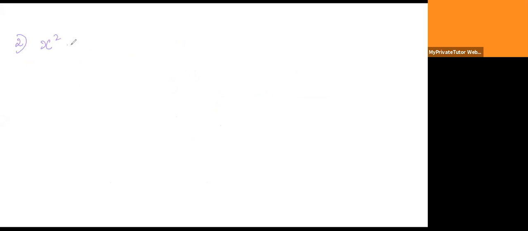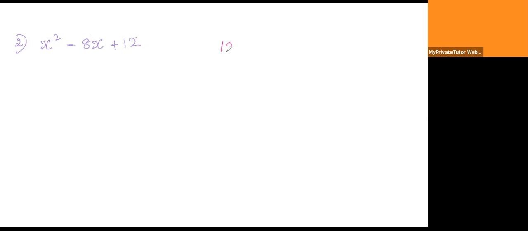x square minus 8x plus 12. Can anyone tell me how to solve this question? See, it's very simple.